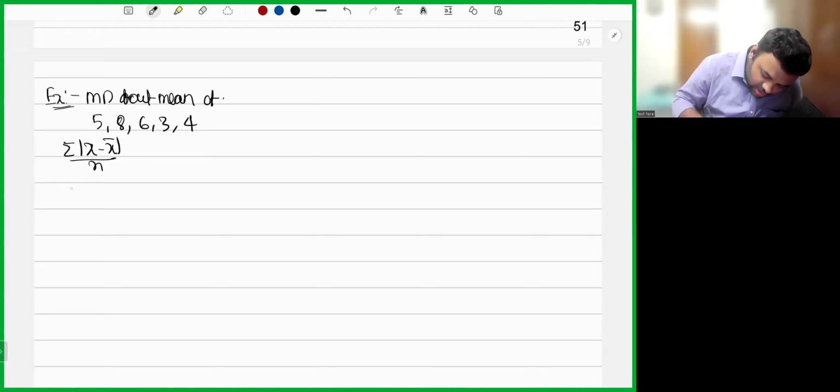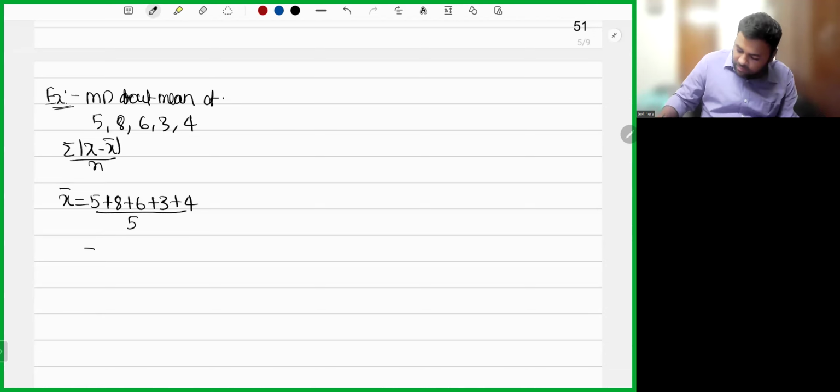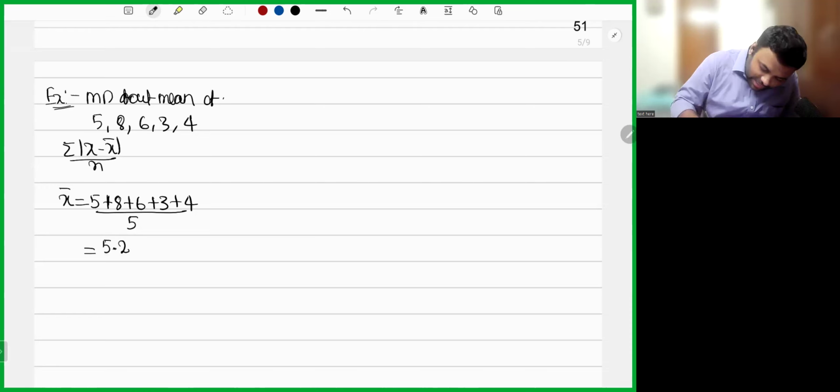How will you get x bar? Sum of observations by number of observations. 5 plus 8 plus 6 plus 3 plus 4, whole divided by 5. That is 5.2. Now, x minus x bar.